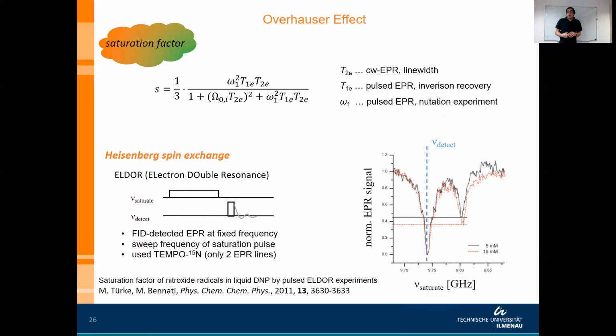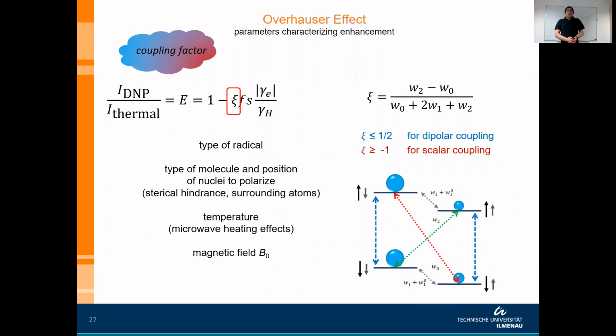And here I show just an Overhauser experiment where in this TEMPO the nitrogen 14 is replaced by nitrogen 15 that has a spin 1/2, and then you see that you have two lines in the spectra. Well, the coupling factor.